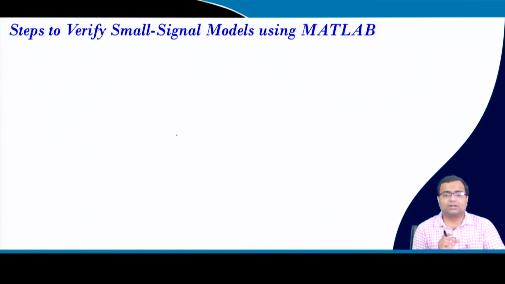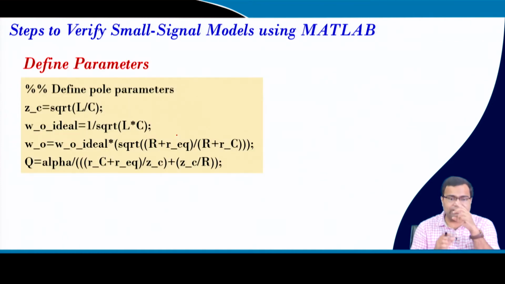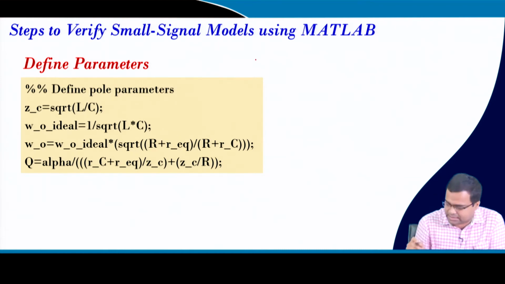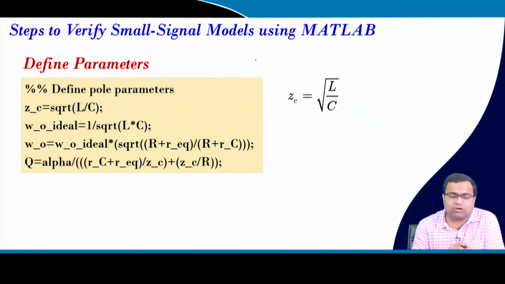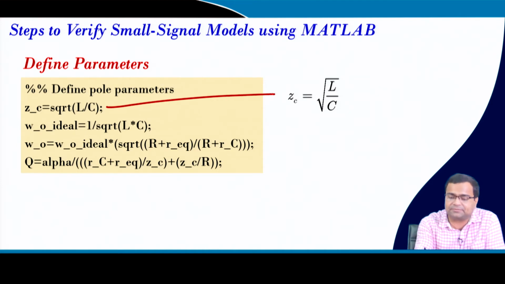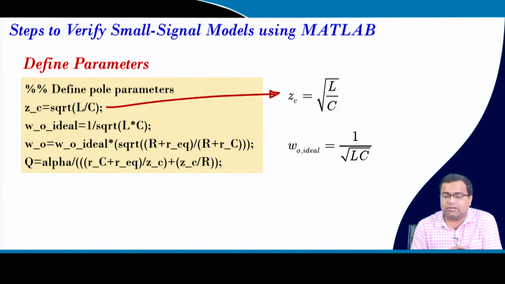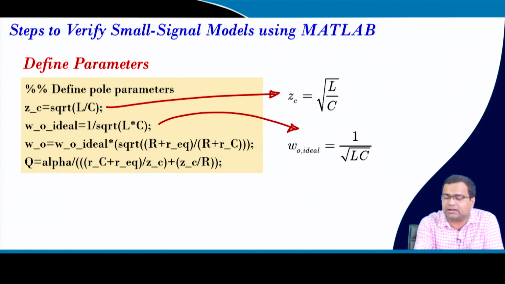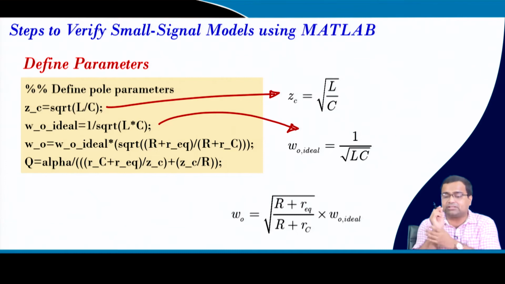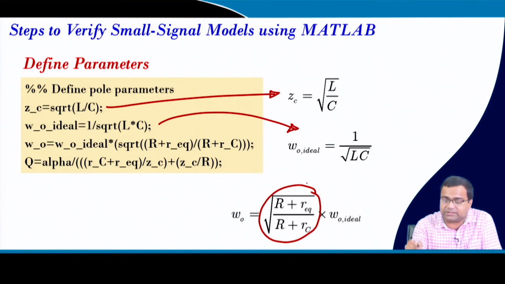Next, the steps to verify the small signal model, the same thing we are going on with. Define the pole parameters, because we have studied that ZC is square root of L by C, it is here. Then for the ideal converter, the natural frequency is 1 by square root of LC, but in the practical case we need to multiply by this factor, which we have also discussed.